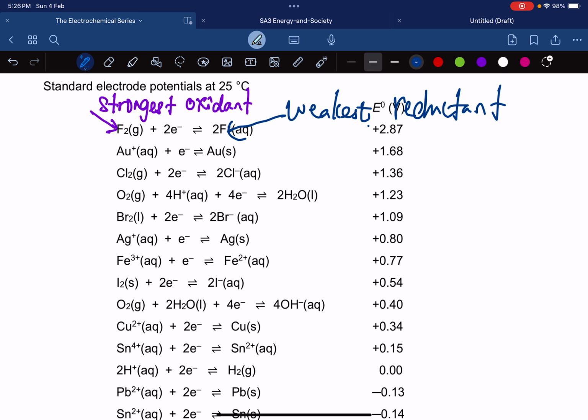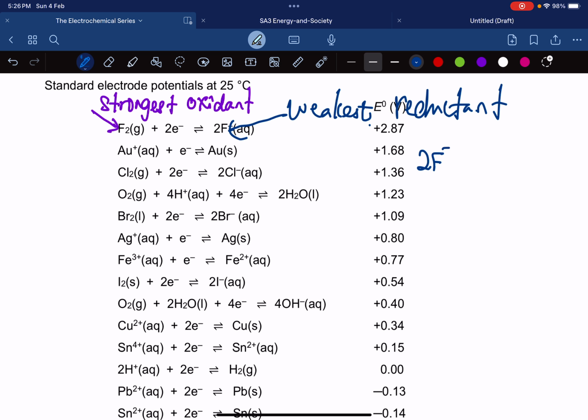Because you see, in this case, if I do it like this, 2F minus becoming F2 plus 2 electrons, this value is negative 2.87 volts. This means that fluoride absolutely hates to lose electrons.